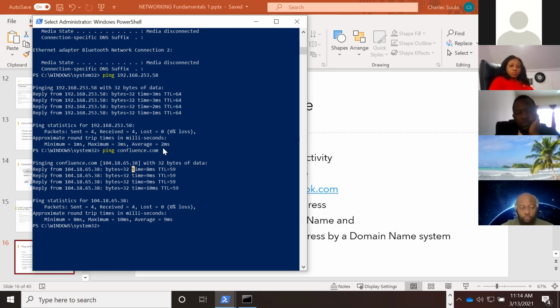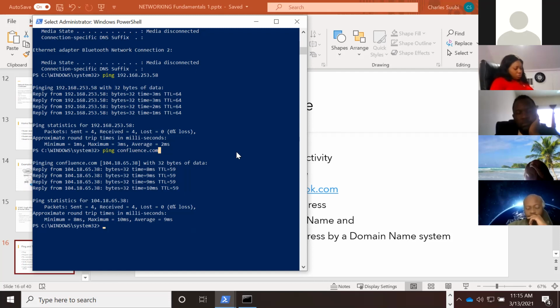Confluence is running. The server is not down. At least now we know the issue. Now these are the troubleshooting things we're going to be doing later. So I've given you an example of how we can use ping to make sure that a certain server is up.